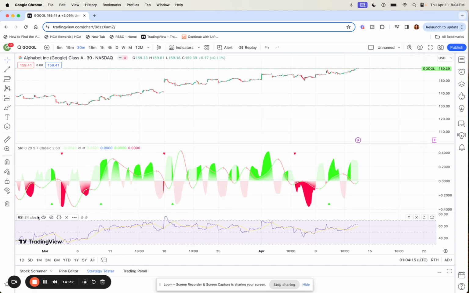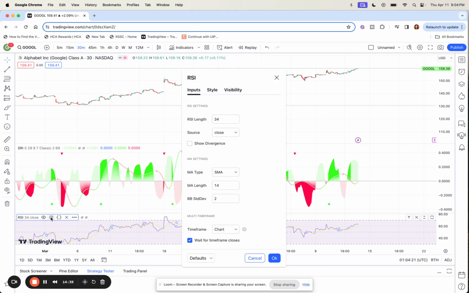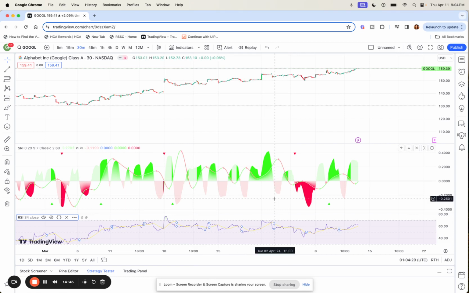And remember, you set your RSI. You go to settings right here and you select inputs, RSI length to 34. You want to change that in order to trade a longer time frame, so instead of a shorter time frame.